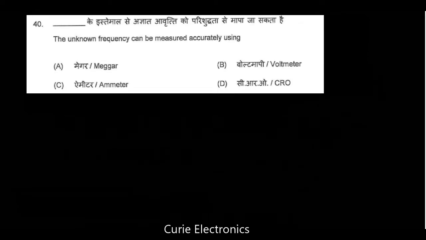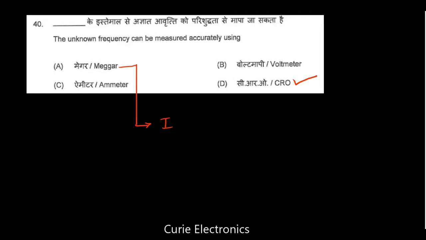Question number 40. The unknown frequency can be measured accurately using. Answer is CRO. CRO means cathode ray oscilloscope. To measure the frequency and see the wave shape, we will use CRO. What is the use of this Megger? Megger is used to measure insulation resistance.